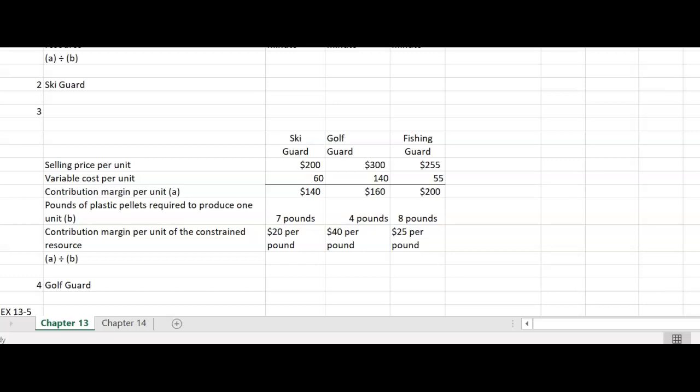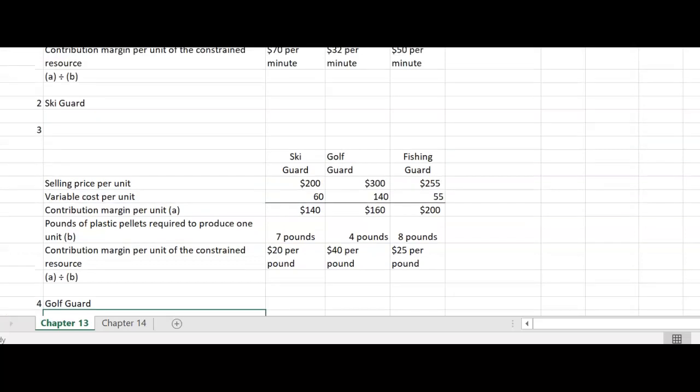However, one of the considerations is the number of pounds of plastic pellets used, and they use more of the resource, which consequently reduces their contribution margin per unit of resource. When using the plastic pellets, it's in the middle, at $25 per pound.